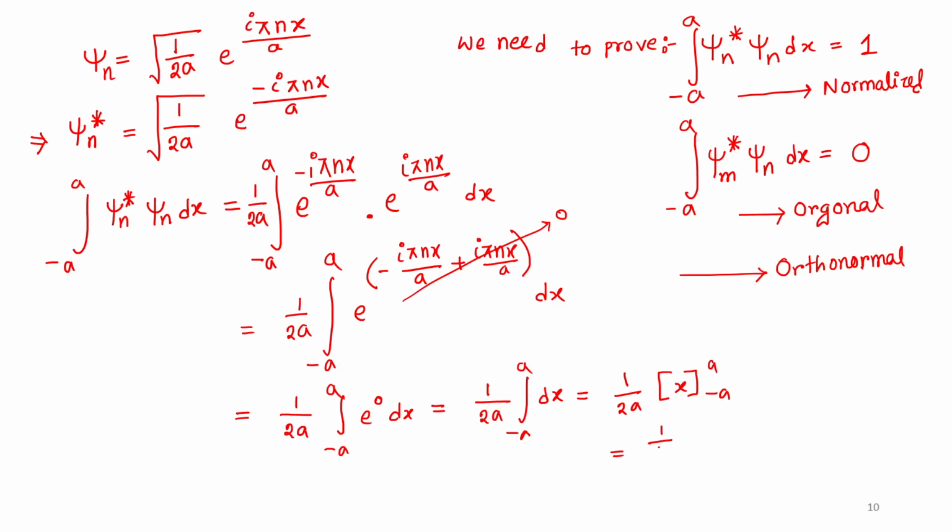So that is 1 by 2a times a minus minus a, so that is 2a by 2a, that is 1. So what I got is that the integral from minus a to a of psi n star psi n dx is 1, right?